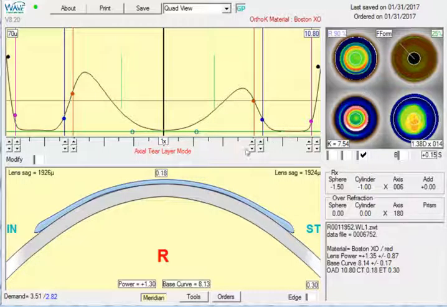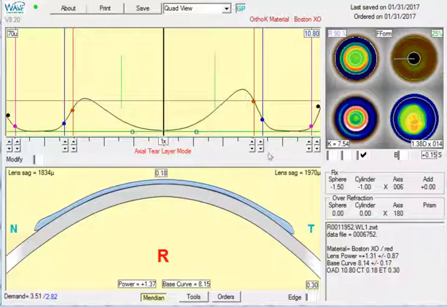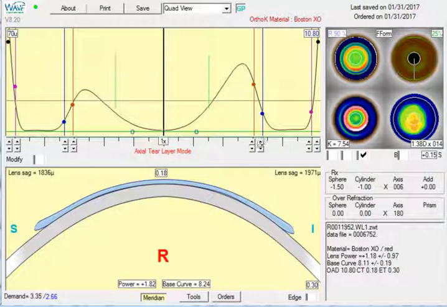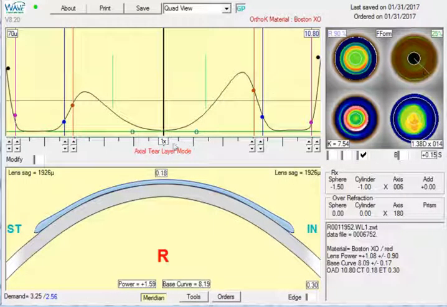This is in 25% mode. So there's a fair amount of manual adjustment still.